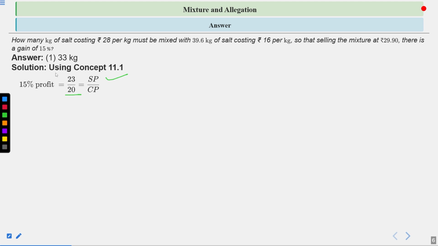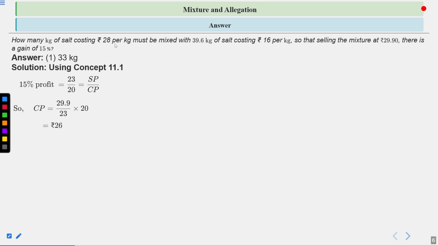Now because we have the selling price, which is 29.90, 29.90 equals 23 units. So 29.90 upon 23, and we calculate the cost price, which is 20 units, so we get 26 rupees.